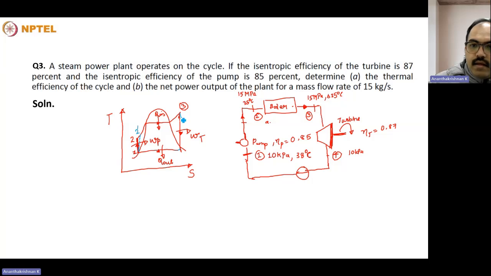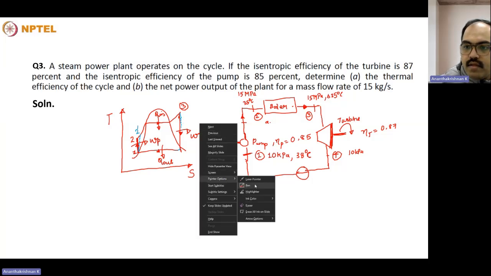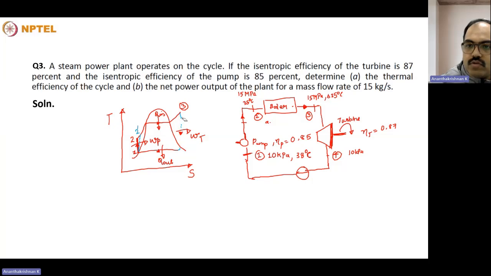And then, in fact, I should have drawn it the other way, where the dotted line should represent the isentropic process and the actual line should be represented by a solid line.